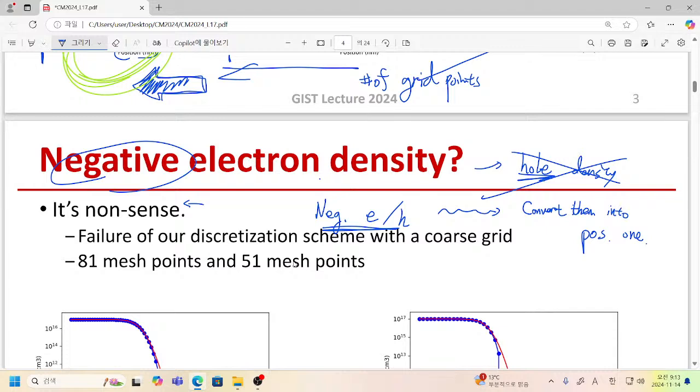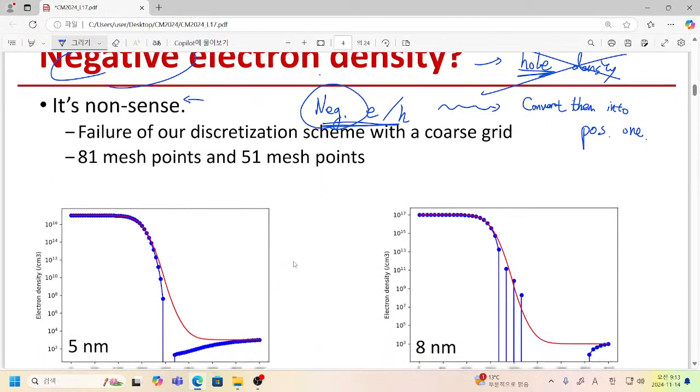So it is very important to understand negative carrier density is just nonsense, so please do not allow it.